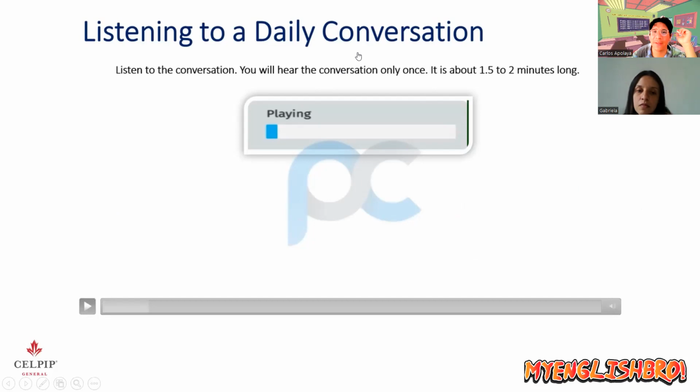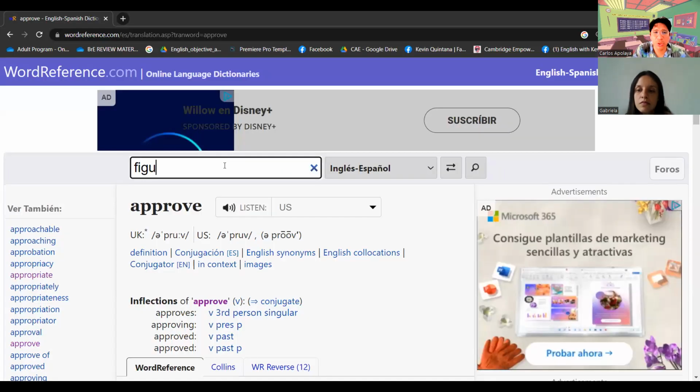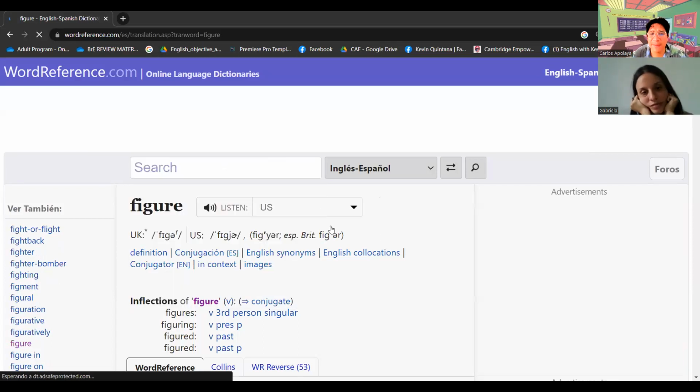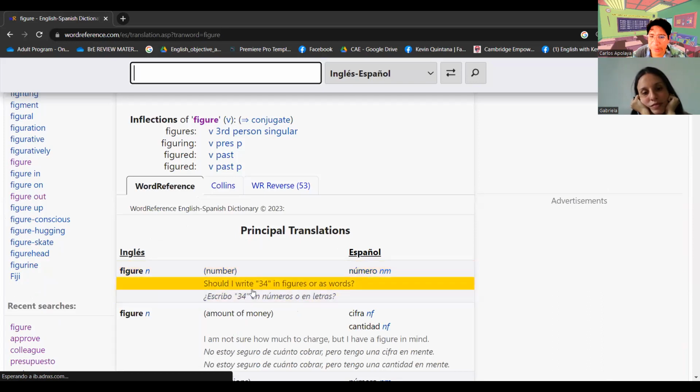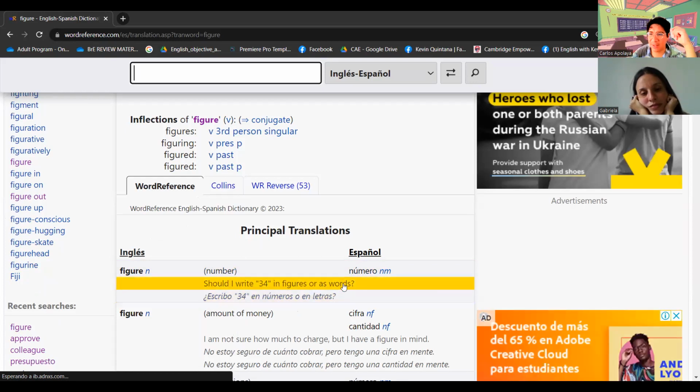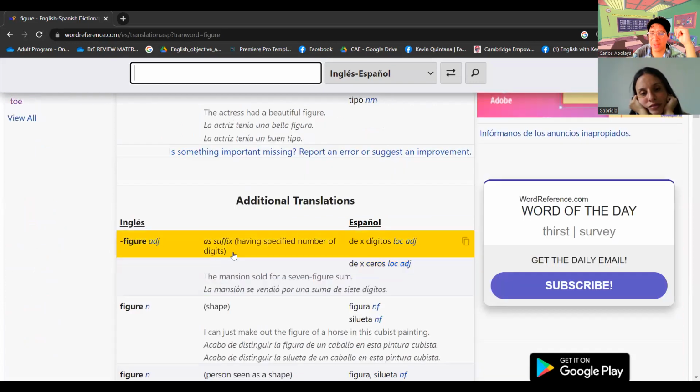Vamos aquí. Tienes que memorizarte ya esta expresión que es muy usada. Figure. Normalmente figure es una cifra, el número. Por ejemplo, should I write 34 in figures or as words? Figure en números. La cifra. ¿Se entiende?